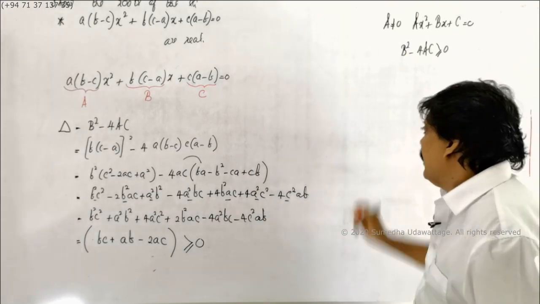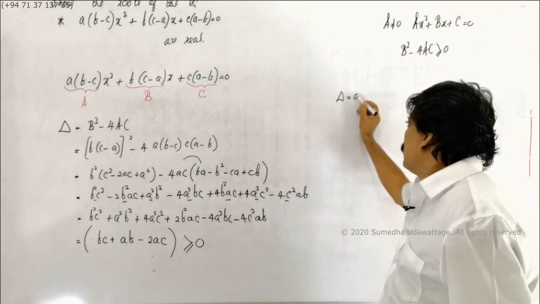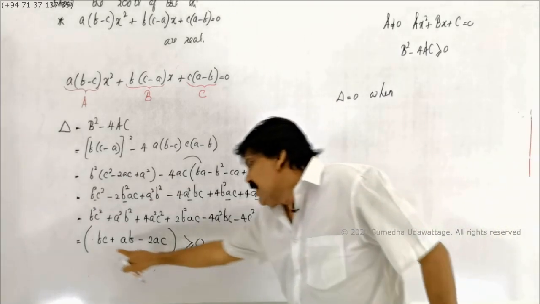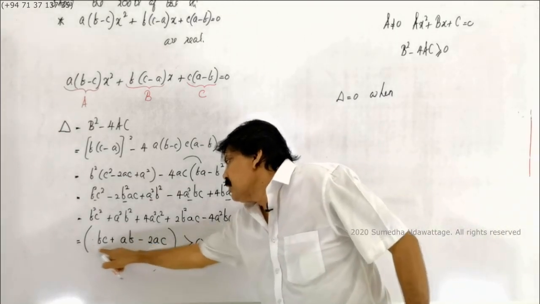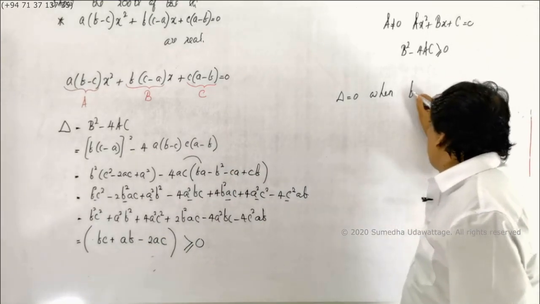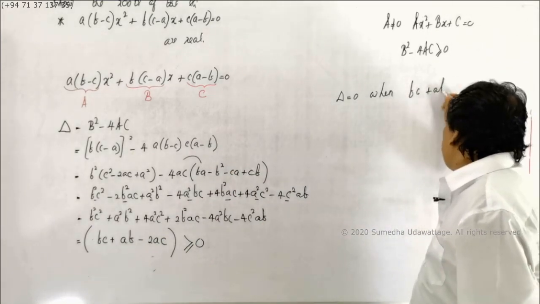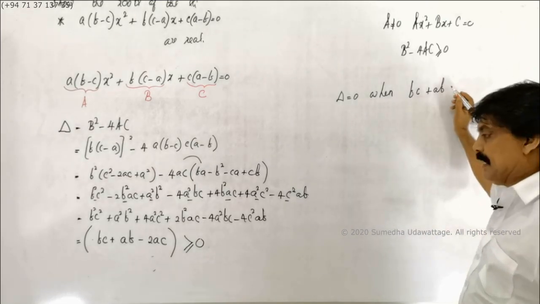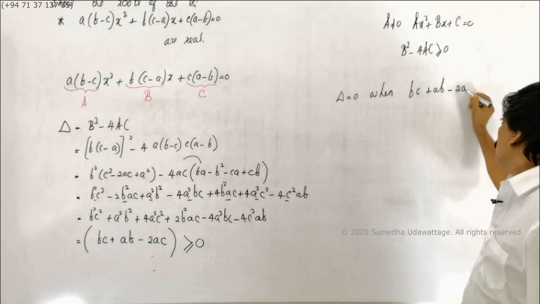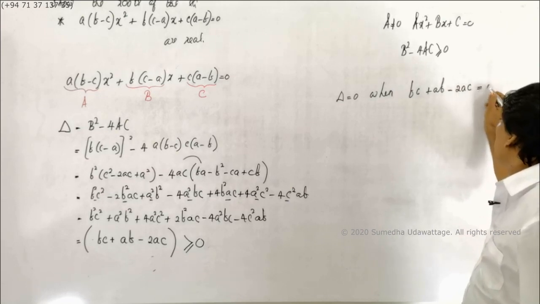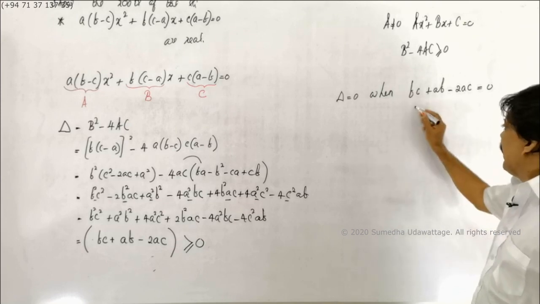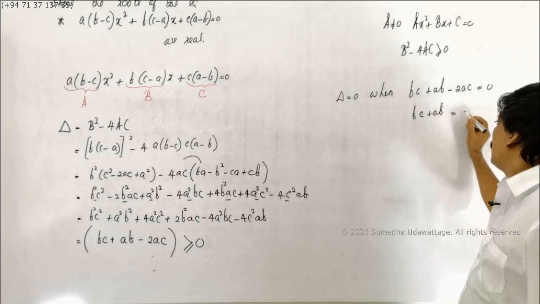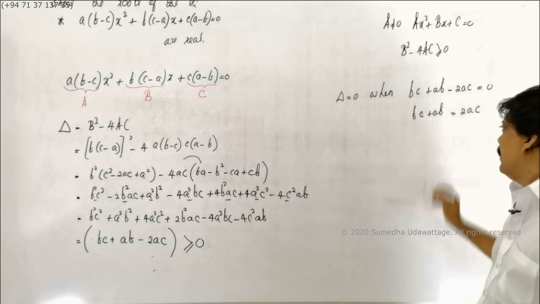Then we would say delta is equal to 0 when this complete part is equal to 0. When BC plus AB minus 2AC is equal to 0, it would be BC plus AB is equal to 2AC.